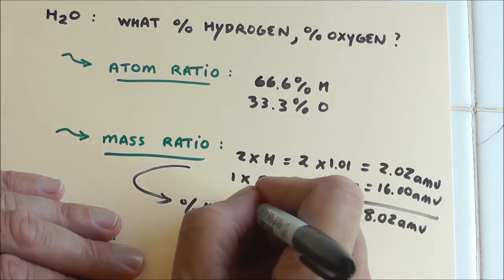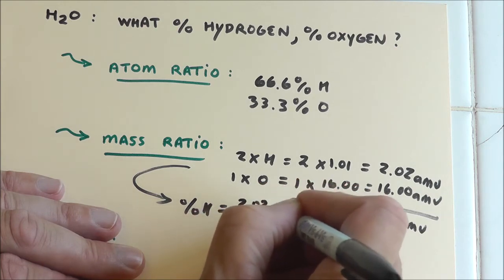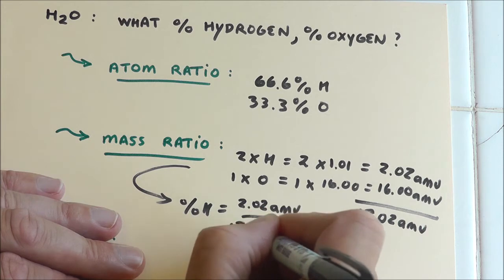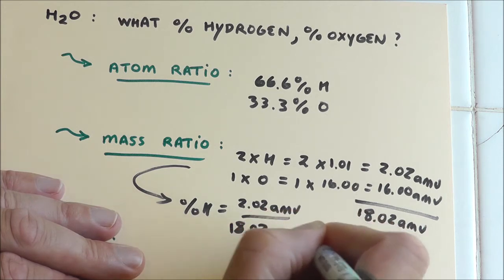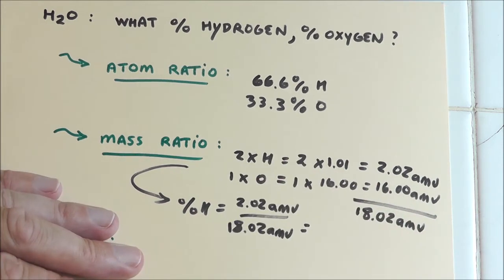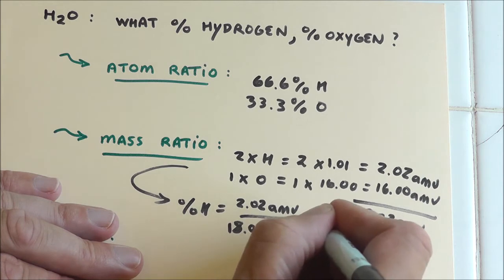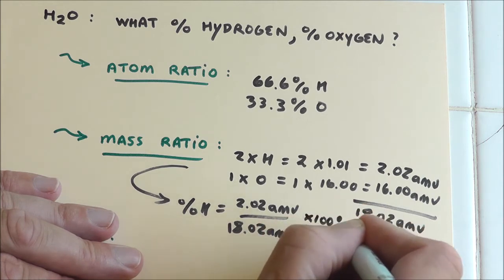is 2.02 AMUs divided by 18.02 AMUs. And so the contribution of water's mass by hydrogen is pretty darn small compared to the ratio. By the way, I forgot to say multiply by 100%, right?